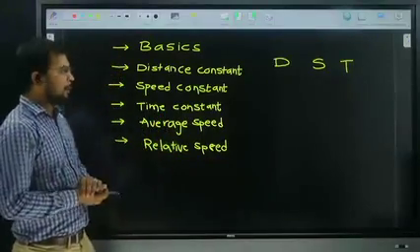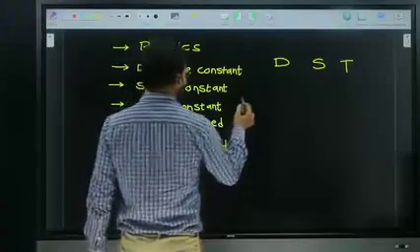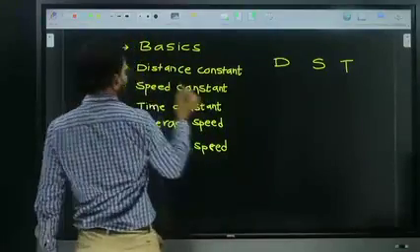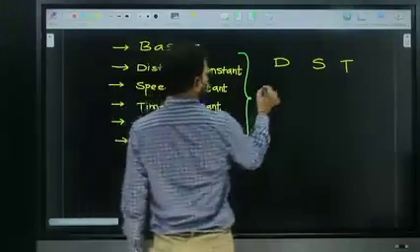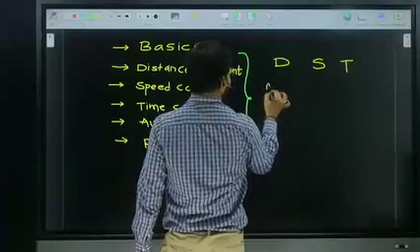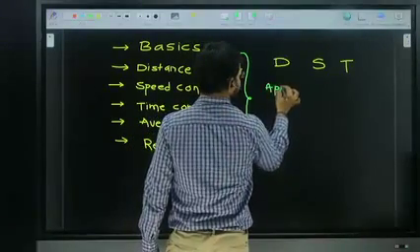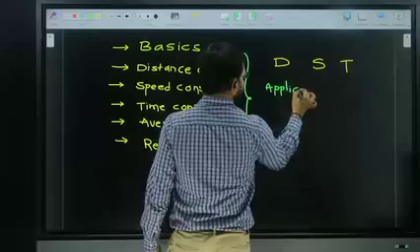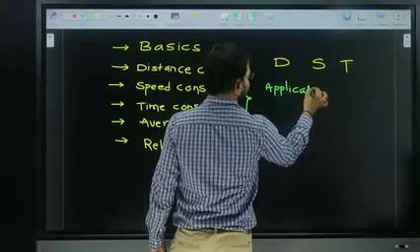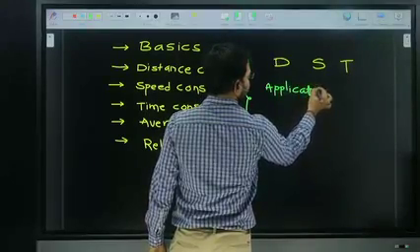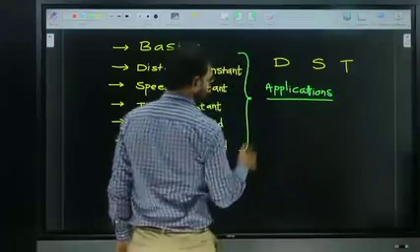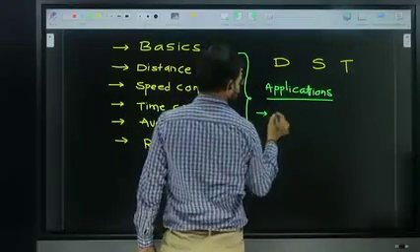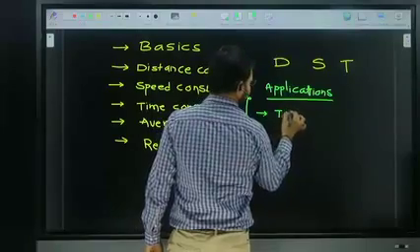Coming to the applications, what are the applications of time and distance? The first one is problems on trains.